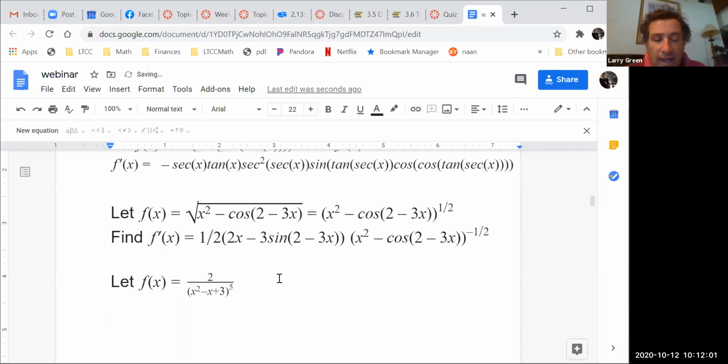And I guess I should write, find f prime of x. All right. What should I use? Again, strategy time. What rule do I need to use? What do you think?